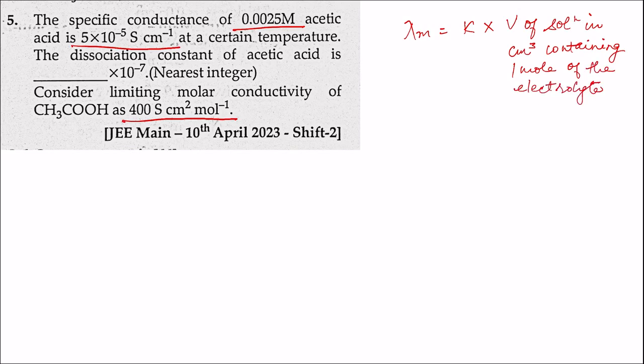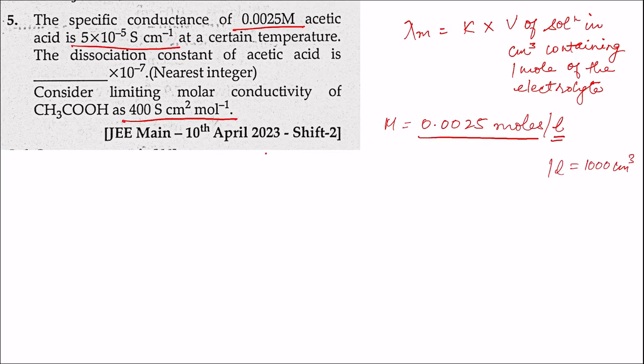This is the formula. Now molarity of the solution is given as 0.0025 moles per liter. 1 liter is equal to 1000 centimeter cube. So molarity is 0.0025 moles per liter.